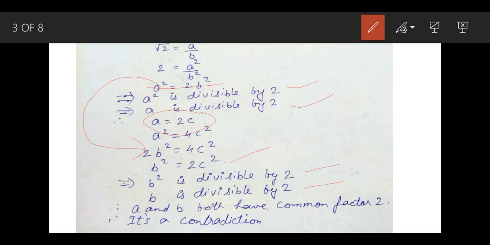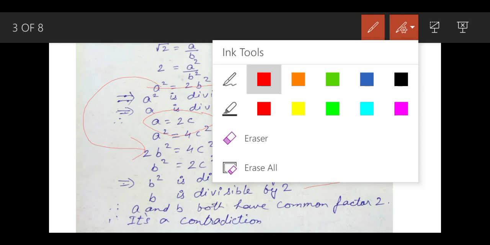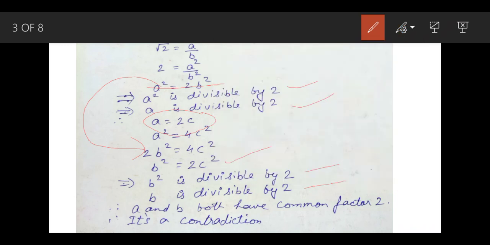Now what we have found here, a is divisible by 2, b is divisible by 2. It means a and b both have 2 as a common factor. So it is a contradiction, as a and b both have a common factor 2.